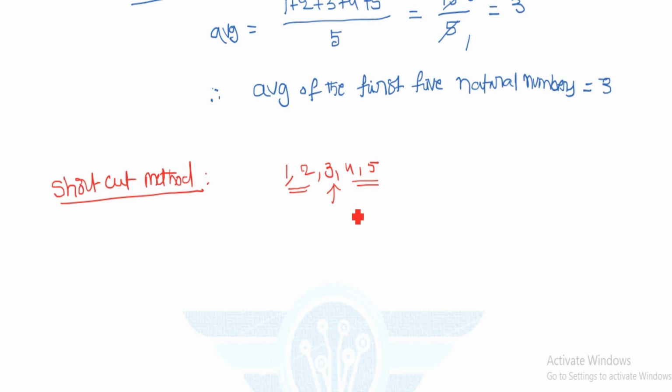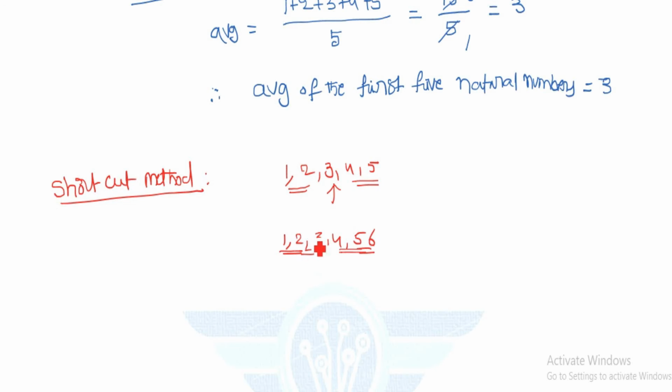Suppose if you have numbers like 1, 2, 3, 4, 5 and 6, how can we find the average? There are three numbers this side, three numbers this side. There is no single number to identify the average of these 6 numbers.